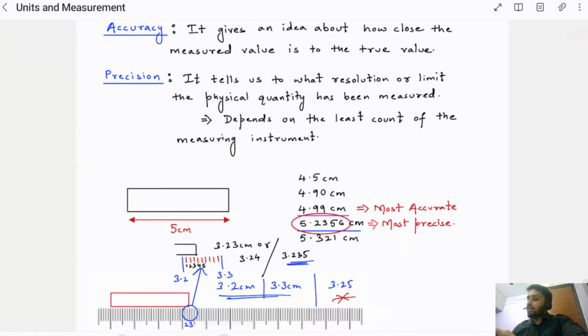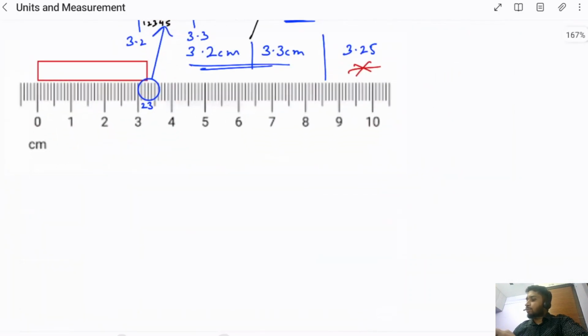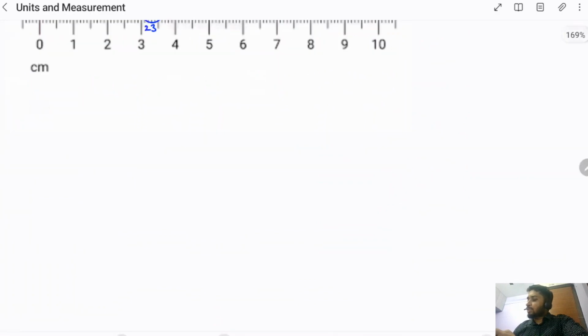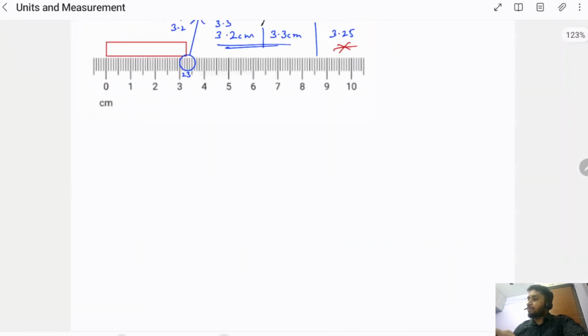so here I hope you know what is least count of a measuring instrument. Just in case you don't, I'm just going to write the definition here.